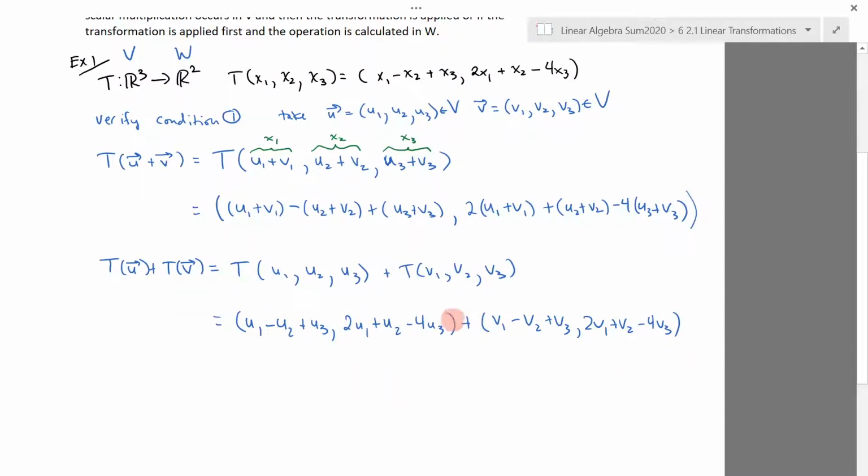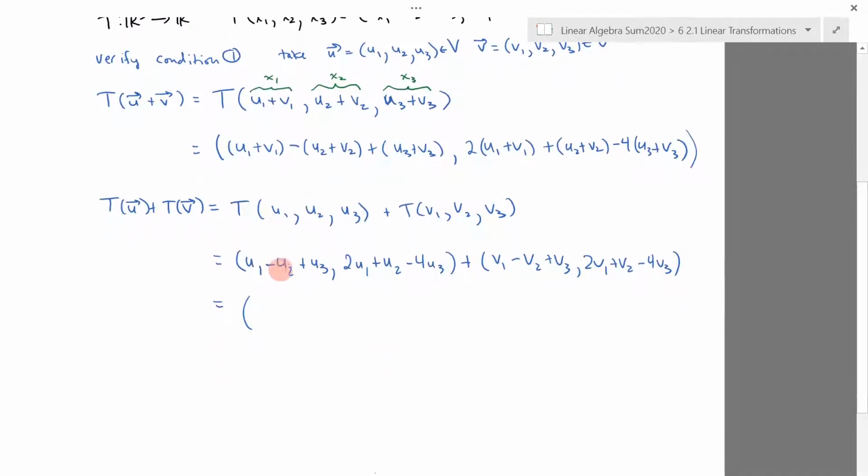Okay, so then now I have to do the vector addition. Each of these vectors has two components, right? So this is the first component, second component, first component, second component. So I add the corresponding components together. So this plus this.